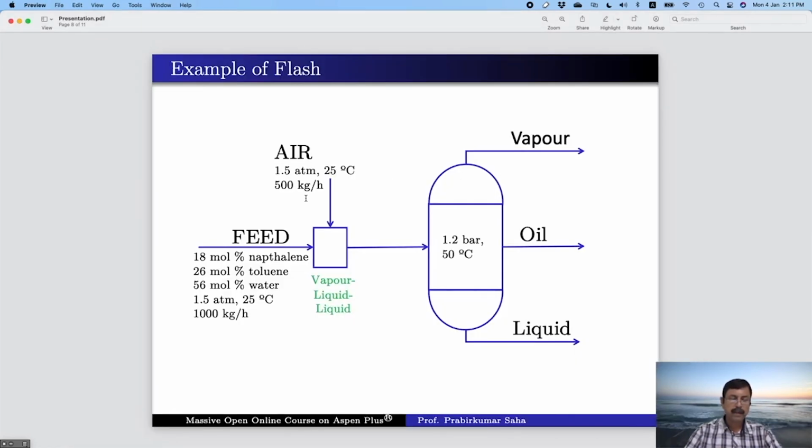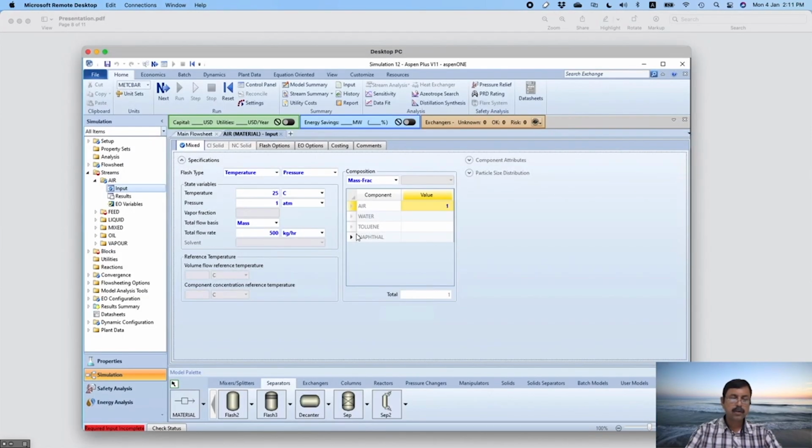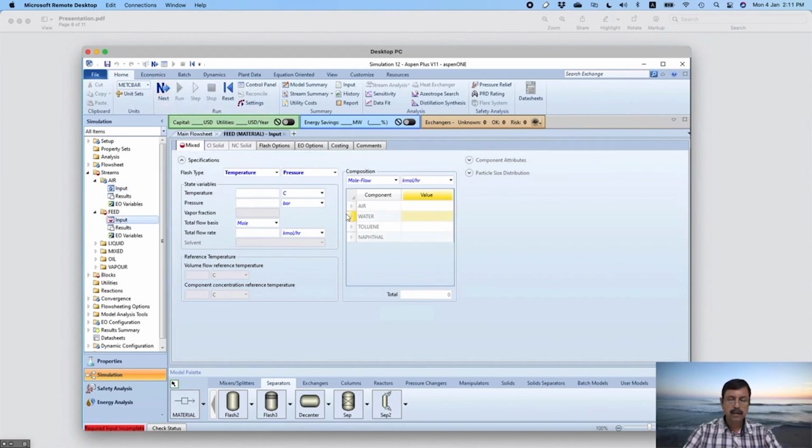Now we have to define the feed with 18 mole percent naphthalene, 26 toluene, 56 water. So 18, 26, 56 for naphthalene, toluene, water. This is mole fraction, not mass fraction.